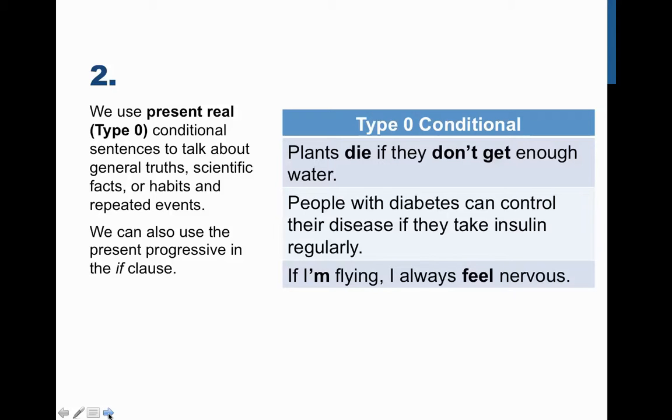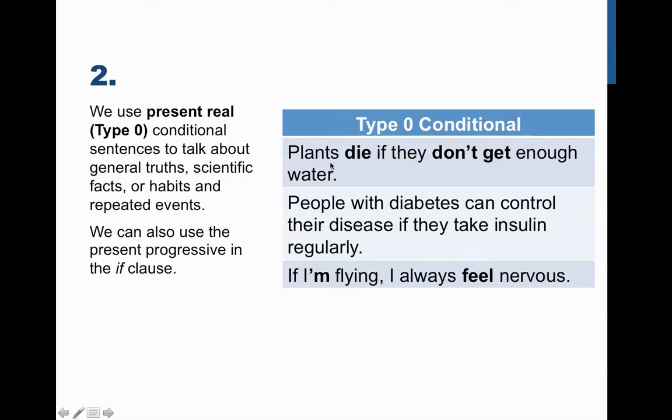Okay, we talk about type 0 conditional. Okay, we're using present real type 0 conditional to talk about general truths, scientific facts, or habits, and repeated events. We can also use the present progressive in the if clause.